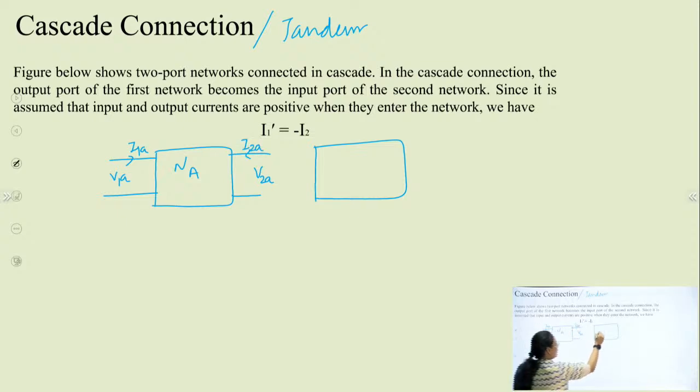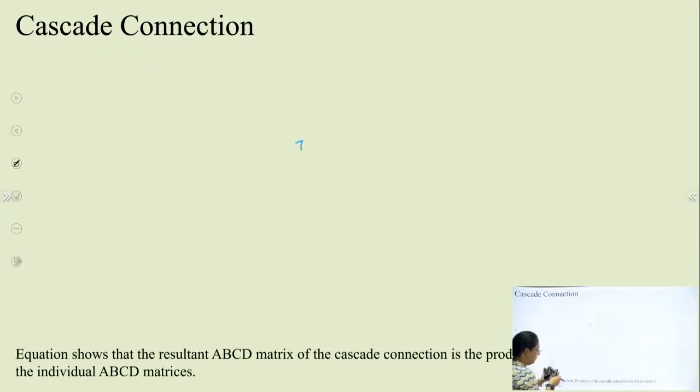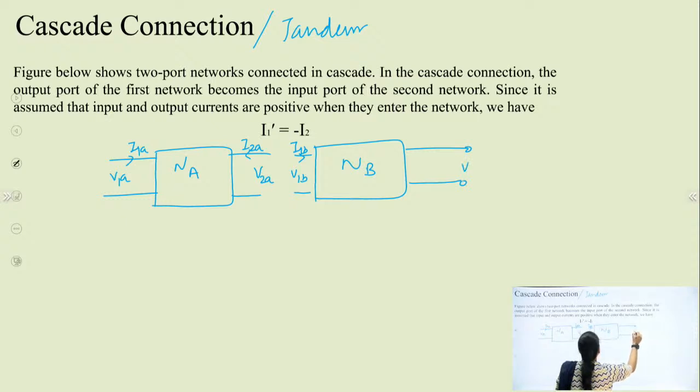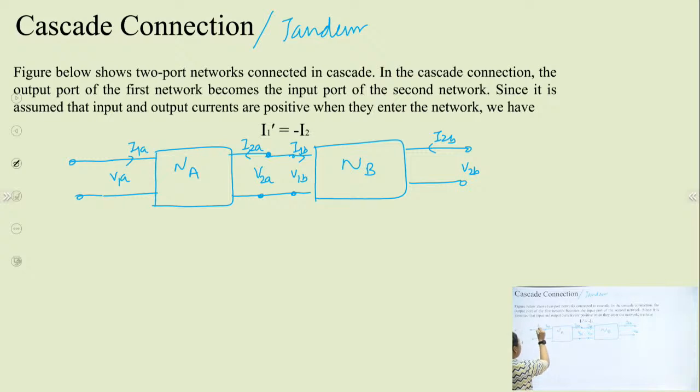And this is another network, network B, which has input voltage V1B and current I1B. And at the output we have the voltage V2B and the current is I2B. For cascade connection, the output of network A will be connected to the input of network B. This is called the cascade connection, and the overall parameter will be like this.